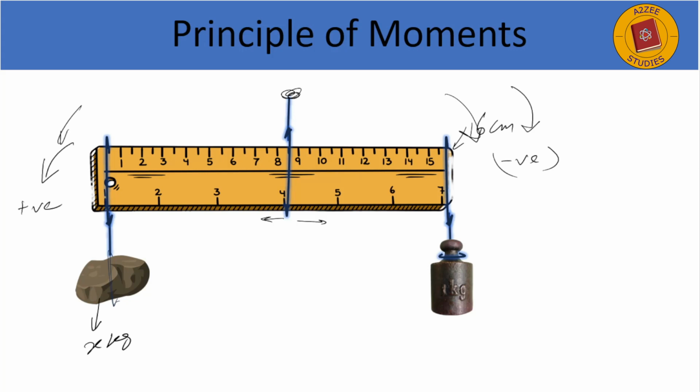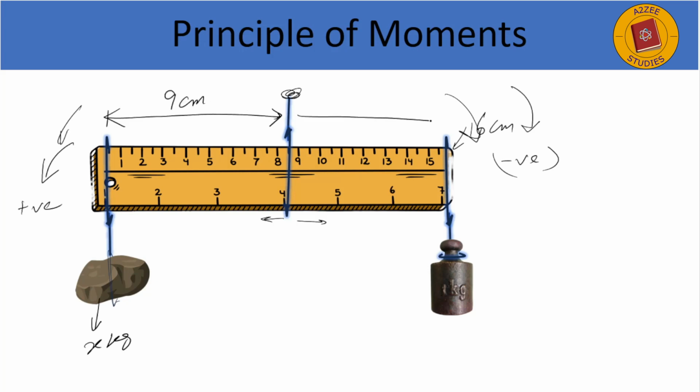Okay, so at that point, let's do the simple sum here. We have taken the stone to be x kg, we will find out what the weight is. Let us assume this length is 9 centimeter.